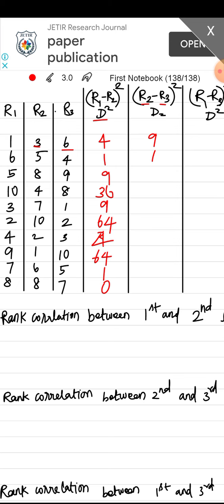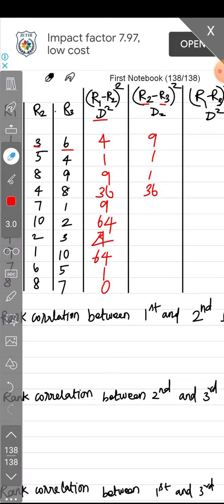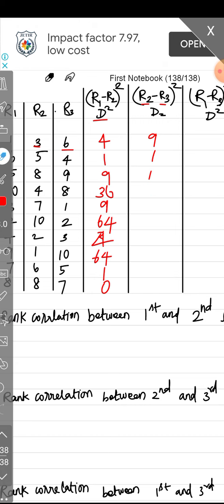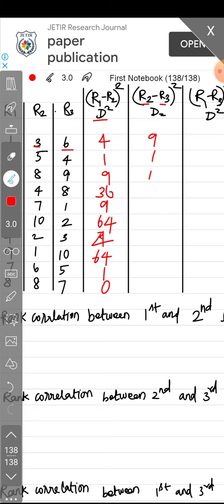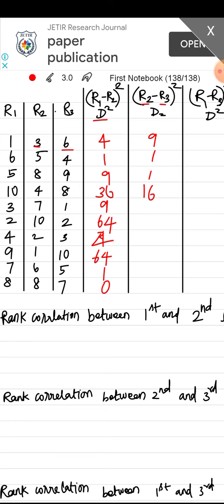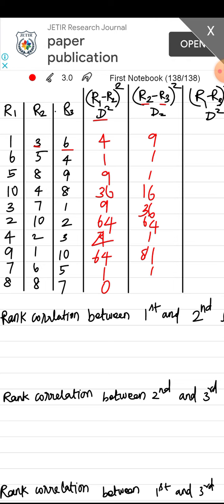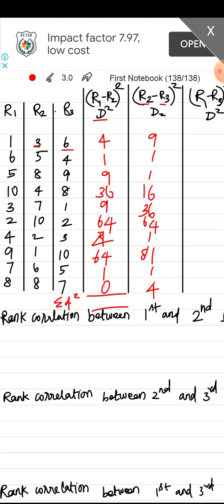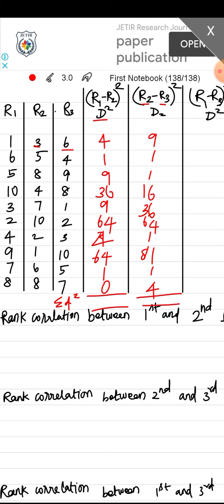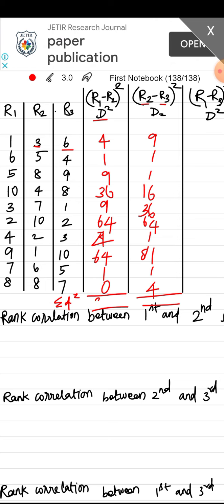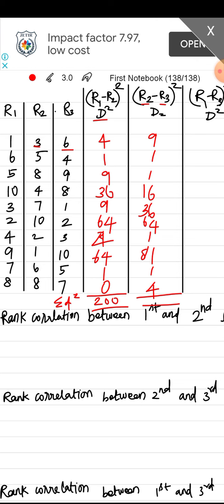Then 1, again 1, 6 is 36, 4 here, 4 4s are 16, and 36, 64, 1, 81, 1, 4. Next we have to find the summation of d squares for all the entries. Here the total sum is 200, and here it is 214. You can check that.